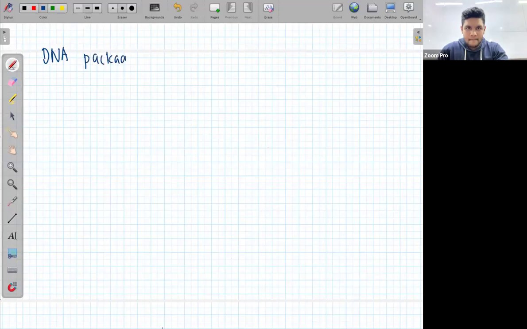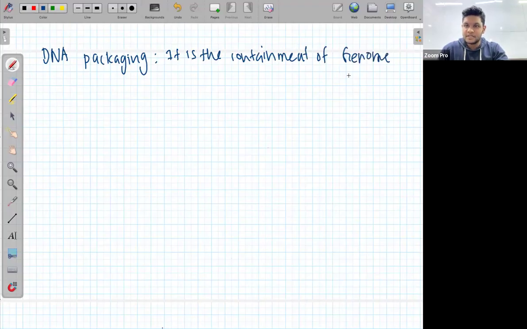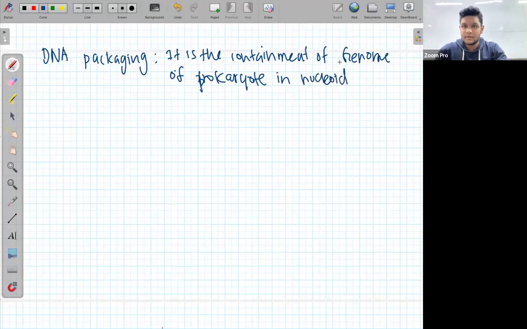The resource book says it is the containment of the genome of prokaryote in nucleoid or nucleus in eukaryote.